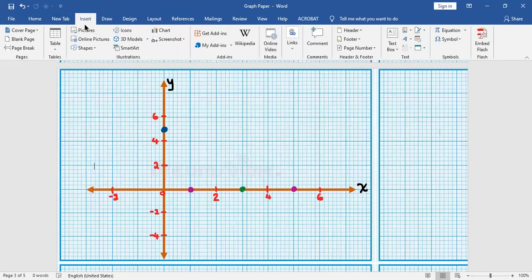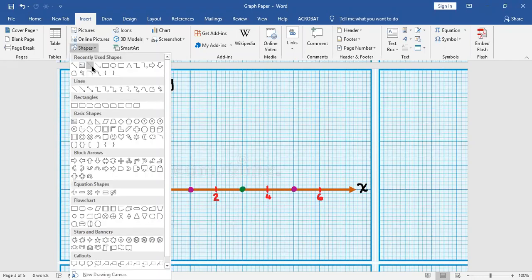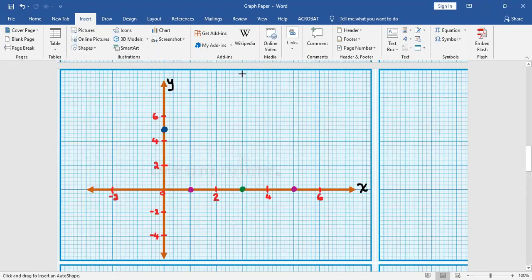Let me go ahead and mark the line of symmetry right away, so that we don't forget it.